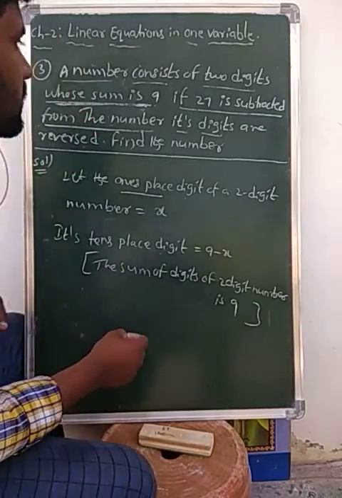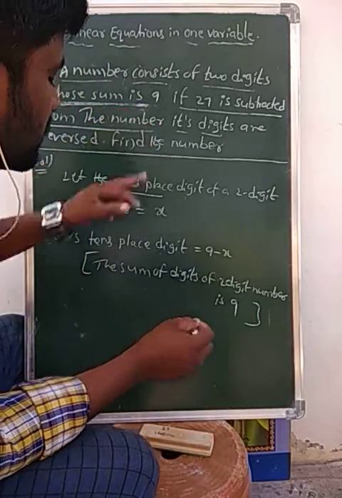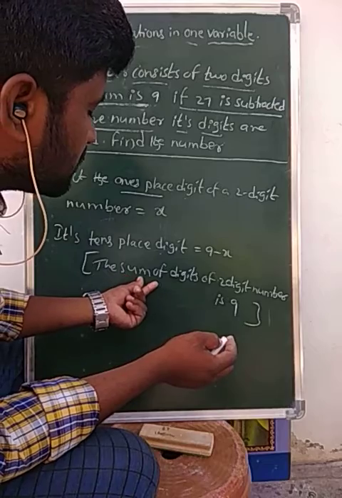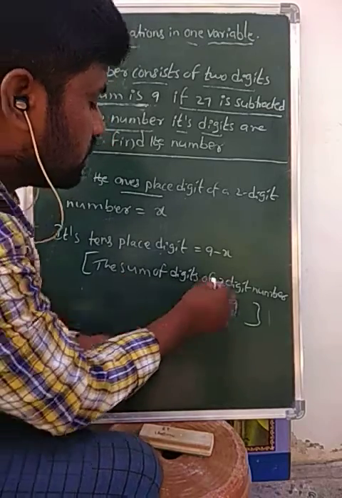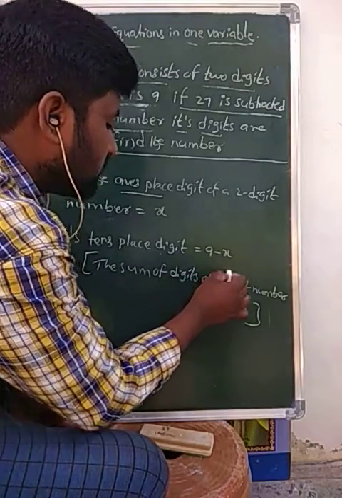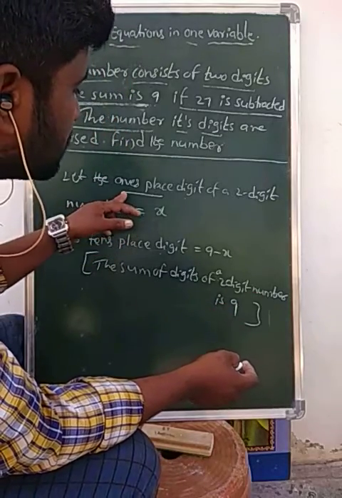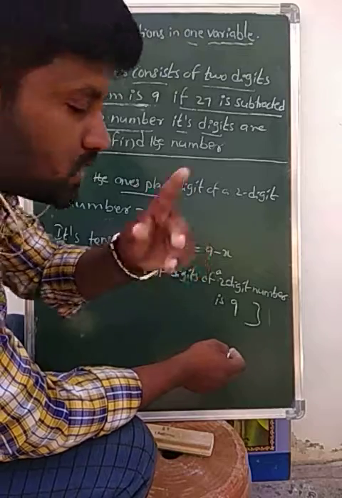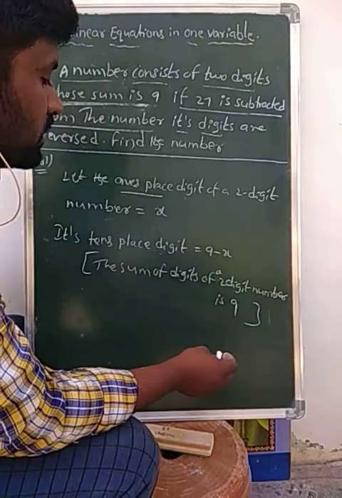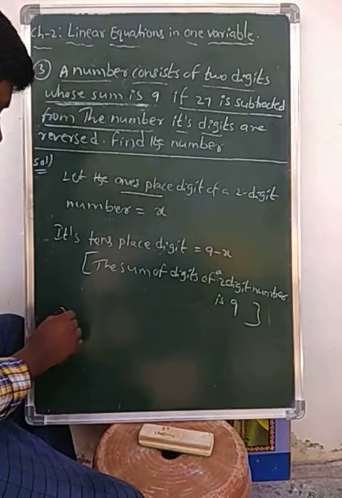This is given only. Yes, the sum is 9, that means the sum of digits of a 2-digit number is 9. So if the ones place digit is x, then the tens place digit is 9 minus x.